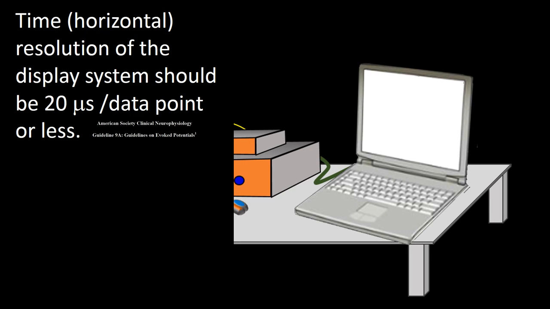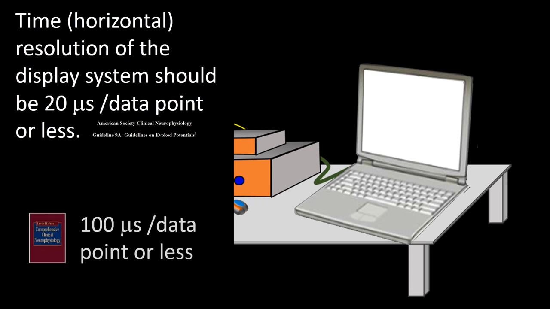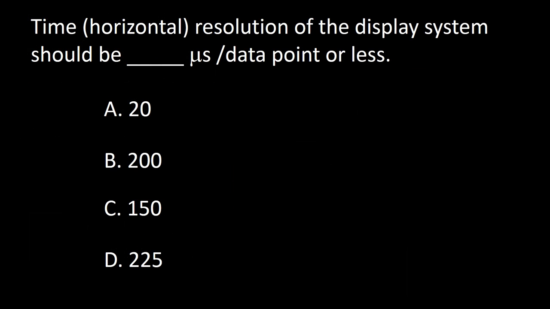Guideline recommendations state that each horizontal point must not be further apart than 20 microseconds. Levin and Luters in their book recommend that they should be no further apart than 100 microseconds. So the answer to this question is A.